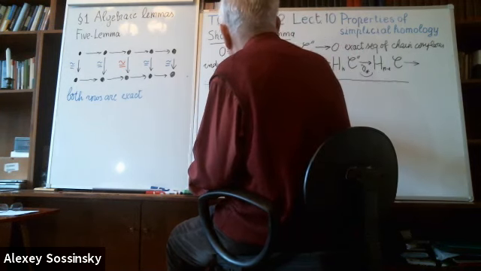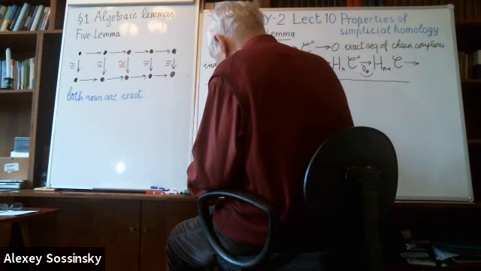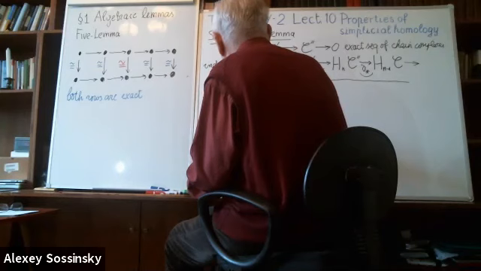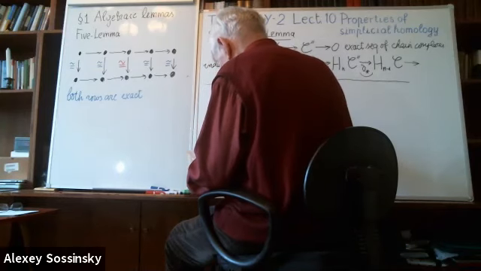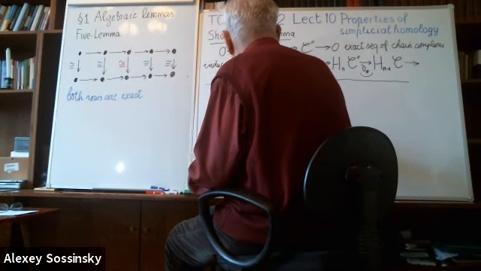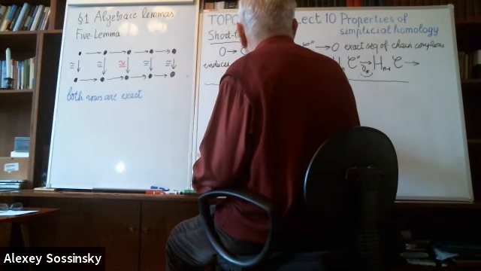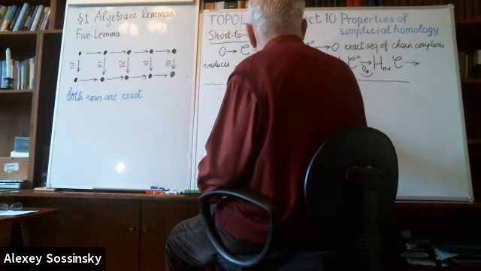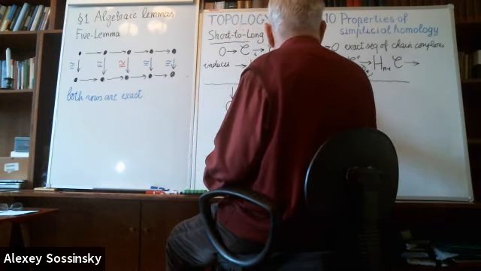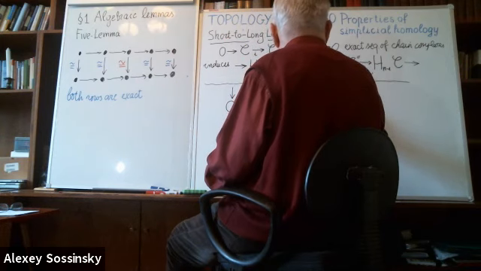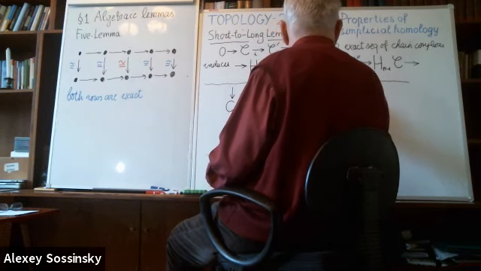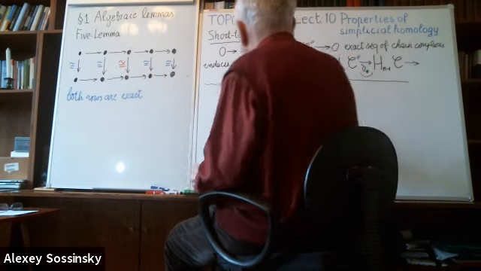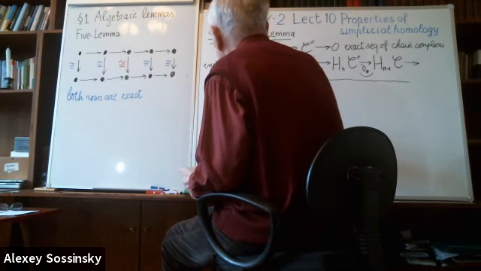We have here CK, here we have C K prime. Here we have C K double prime. Here we have 0 and 0 here.